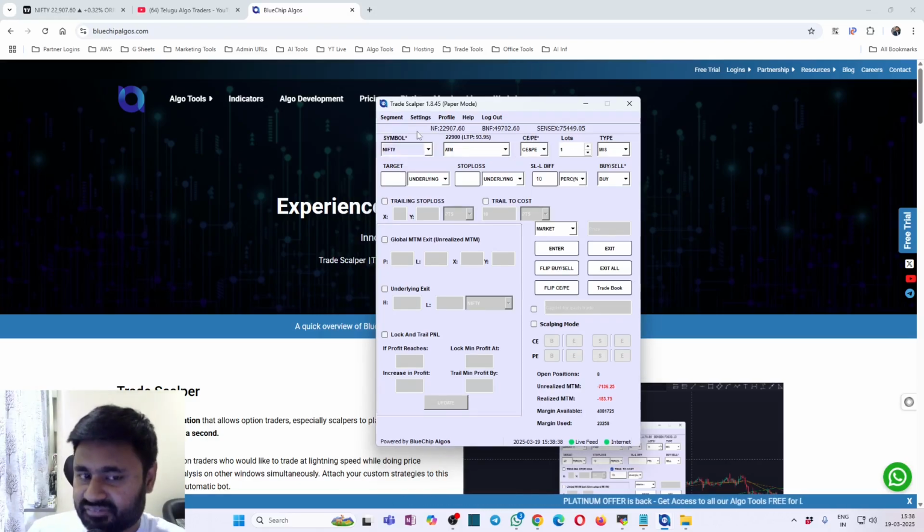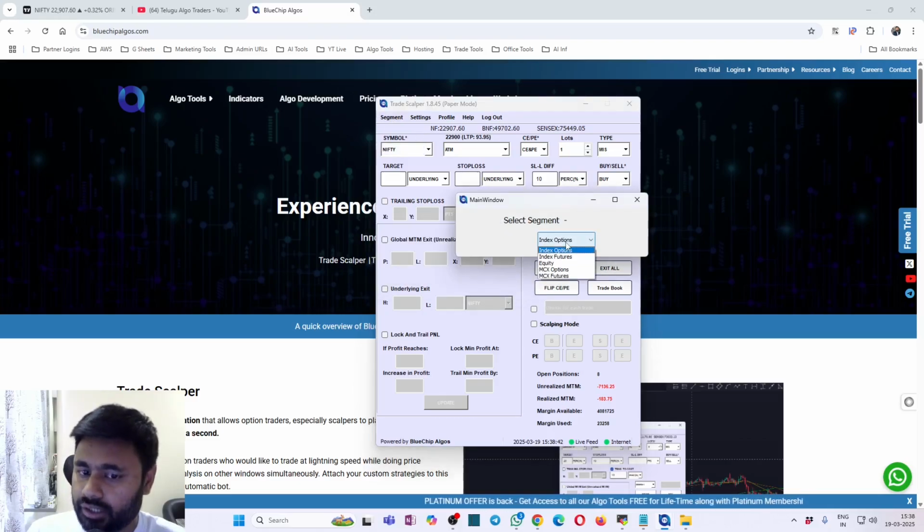Now this is the first change that we have done. Now we have included options, futures, equity, and commodities. Of course, options has always been there, but because many people started asking us for commodities, because some people trade in natural gas or some other commodity instruments, we have provided that.